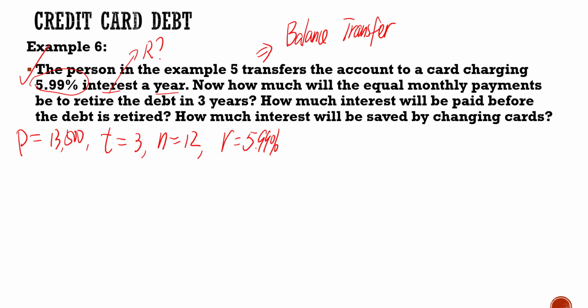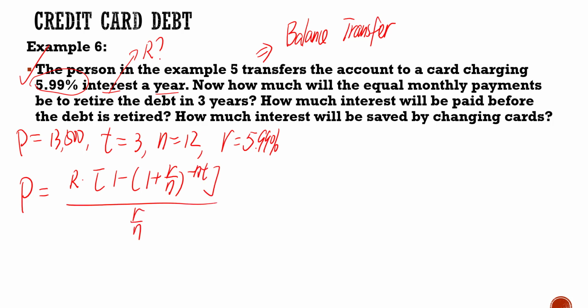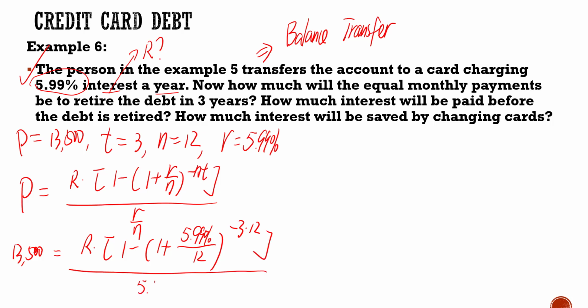The present value of the annuity for regular payment is 1 minus 1 over n over r. Now, throwing in the numbers: 13,500, regular payment as we're looking for, 1 minus 1 plus 5.9% over 12, 3 times 12, 36 payments, and then 5.9% over 12.